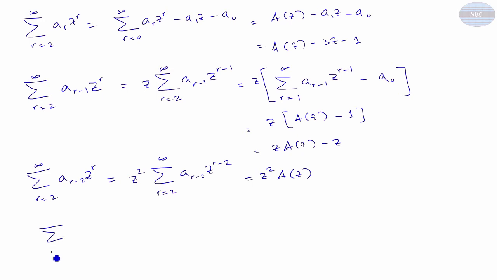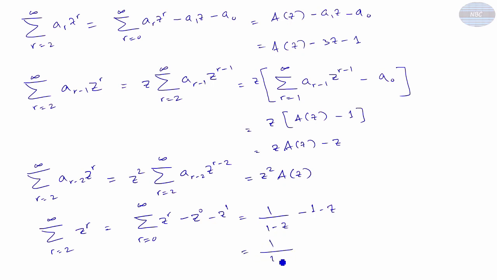Okay, come to the fourth term, that is the summation from r is equal to 2 to infinity of z to the power r. So it can be written as the summation from r is equal to 0 to infinity of z to the power r, and the extra terms that we have included in the summation will be subtracted. The extra terms are z to the power 0 and z to the power 1. These are the extra terms that are already included in the summation, so they must be subtracted. The summation is simplified to 1 divided by 1 minus z, minus 1 minus z.